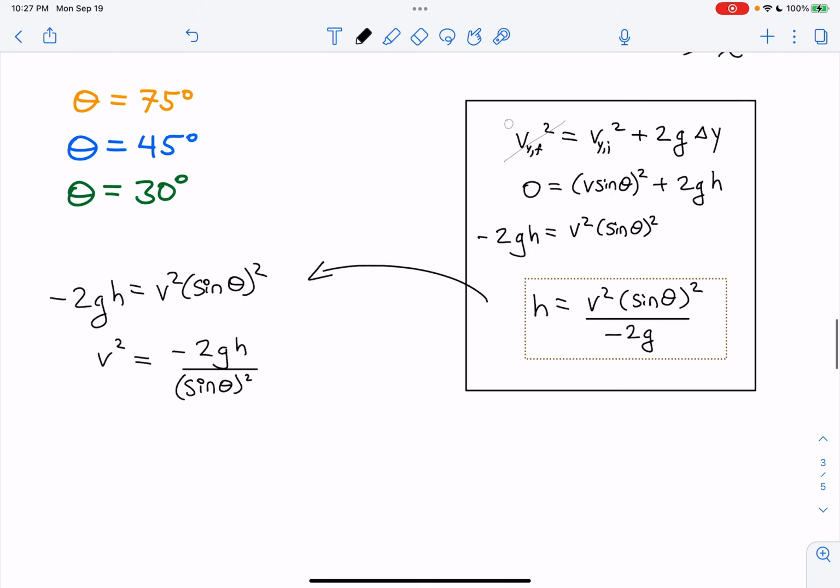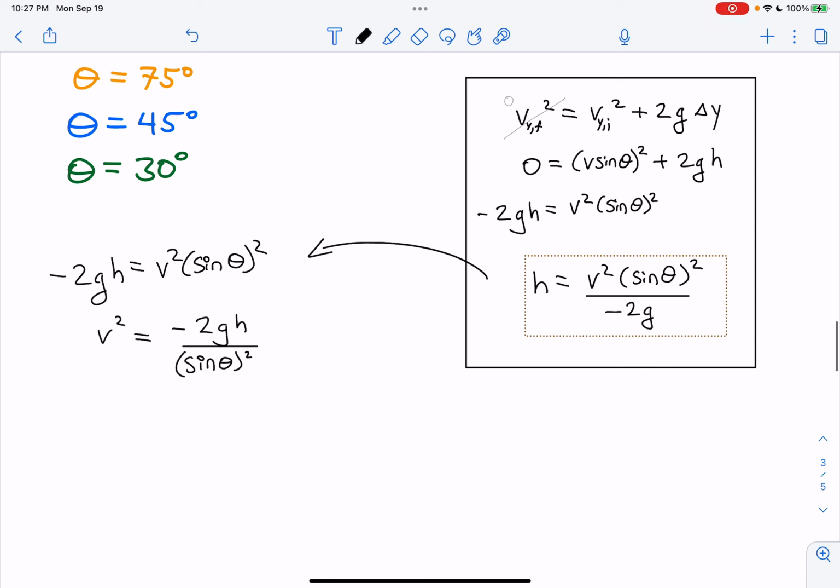Now we need to get that square out, so we're going to take the square root of both sides to get v. The square root will take care of that sine squared term, no more square. So now we just have the sine theta term, but we're going to be left with this square root over the negative 2gh.